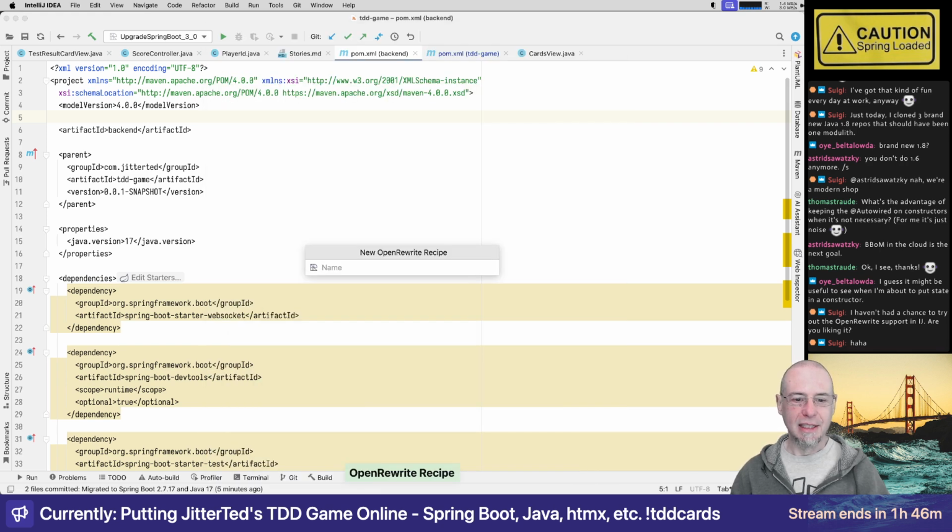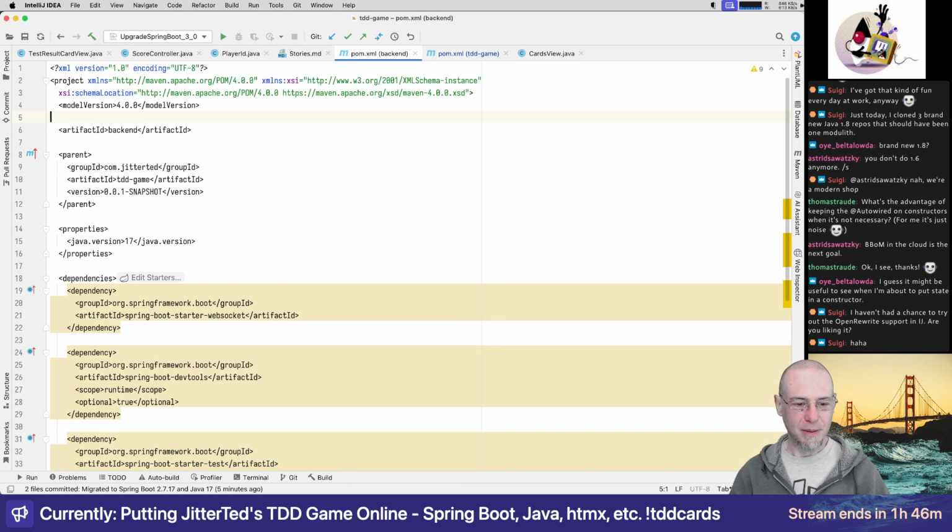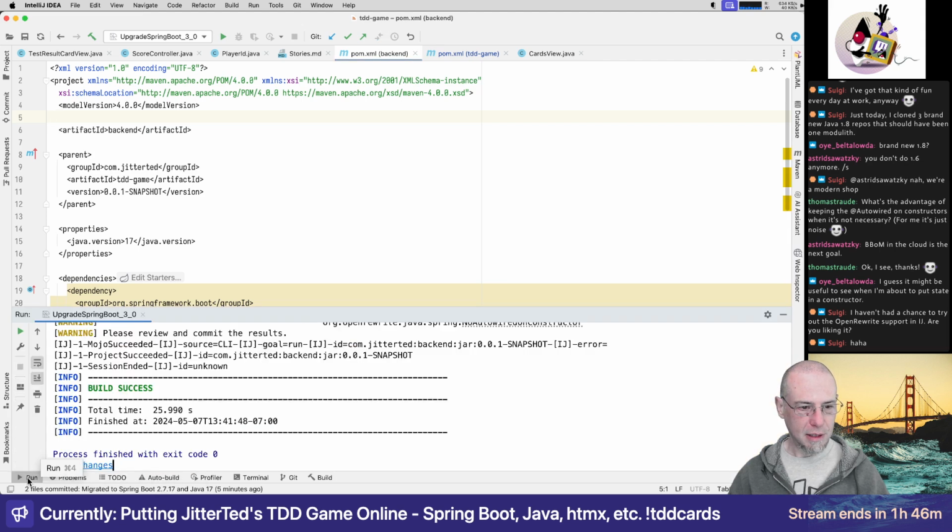Because if I do that, it's like new OpenRewrite recipe. I don't want a new OpenRewrite recipe. I want to run one of them. So that's auto build. That's run.